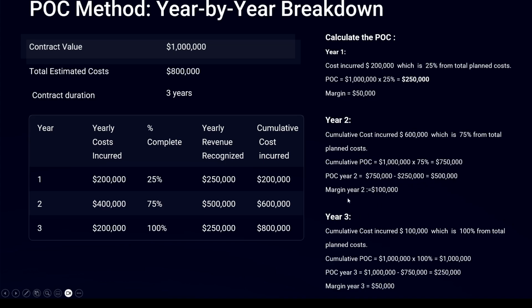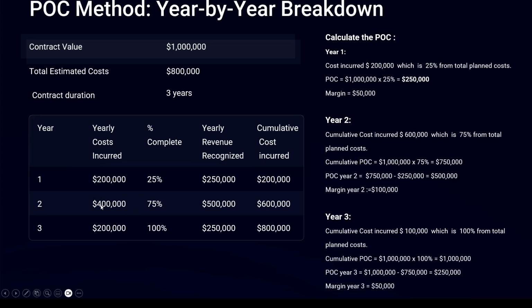Then we calculate the margin for year 2, which is 500,000 minus the cost incurred during the year, which is 400,000, and we get 100,000 as gross margin for the company. If you want to calculate the margin so far, we get 50,000 in year 1 plus 100,000 in year 2.